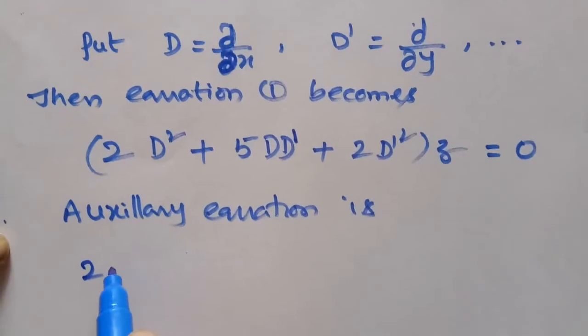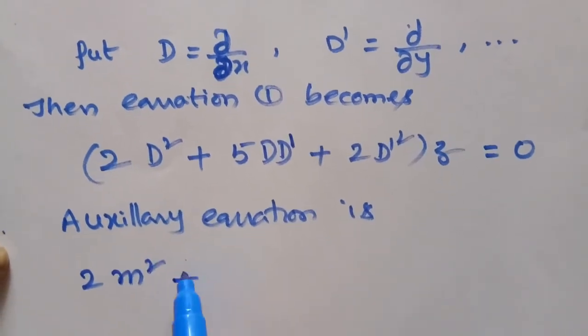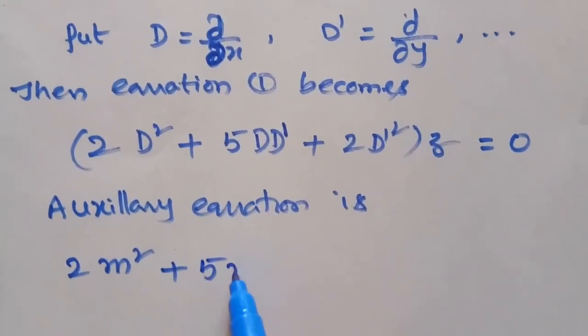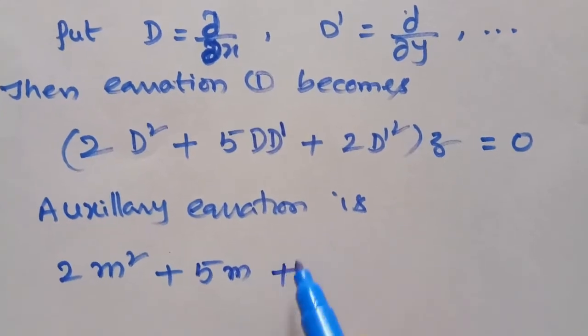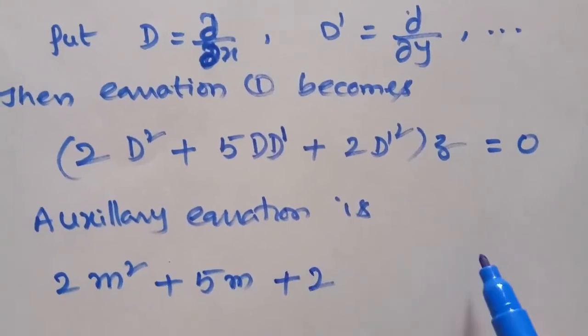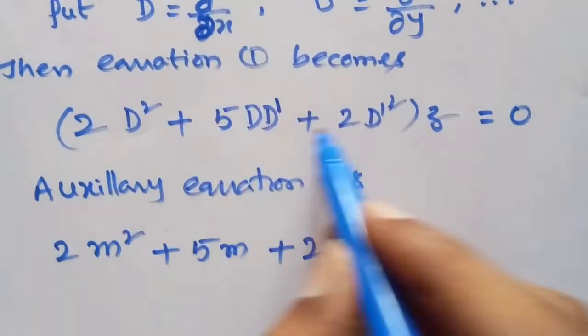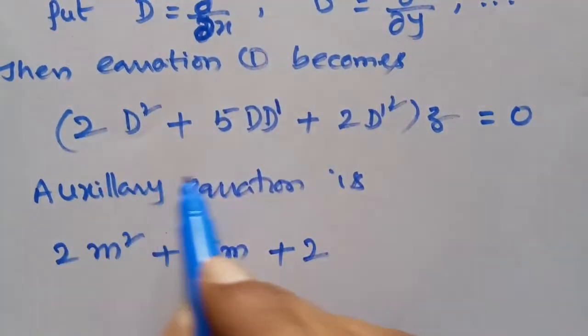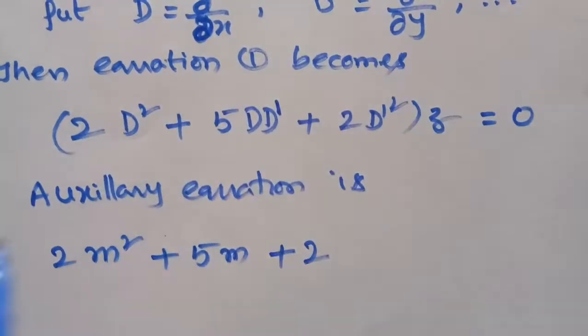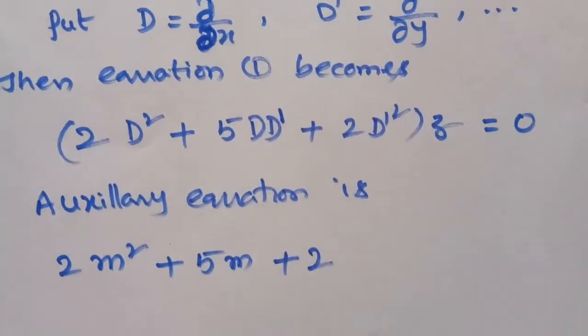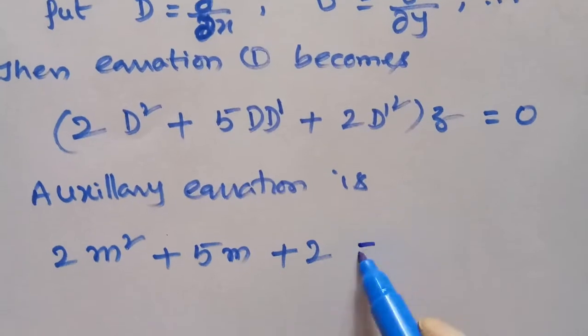Therefore, 2 m² + 5 m into 1 + 2 into 1 = 0.